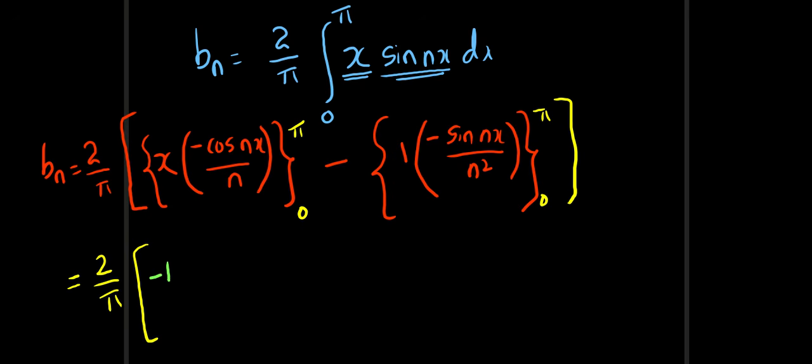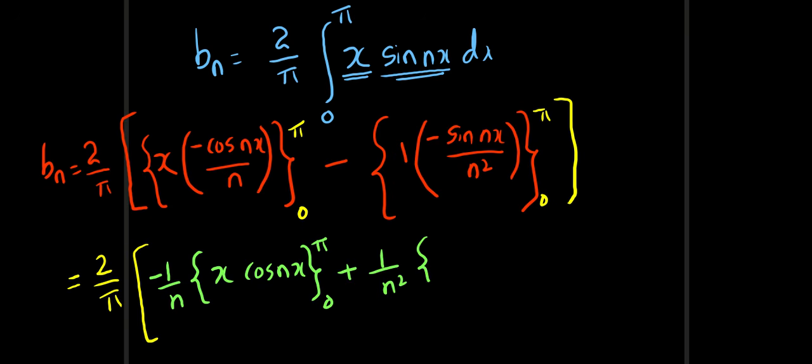So I'm going to write minus 1 by n, and inside the bracket x cos nx within the limits 0 to pi, and minus minus will be plus 1 by n square and sine nx within the limits 0 to pi. Okay, that's it.